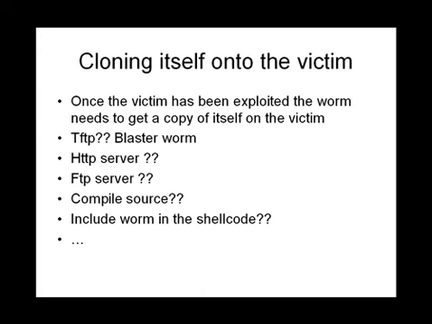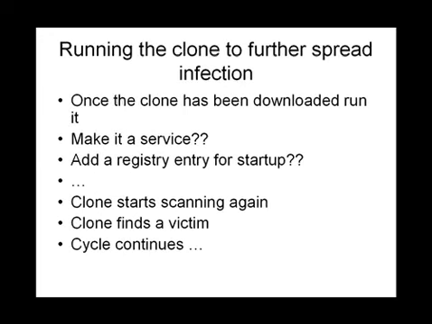Another way of course could be to include the worm in the shellcode itself. Of course in this case the worm would have to be really very small in size. Anyway, there are many approaches to doing it. We'll typically talk about the TFTP approach and maybe the HTTP server approach, and I'll also give you a couple of pointers as to how we could go about implementing some of the other cloning or copying techniques.